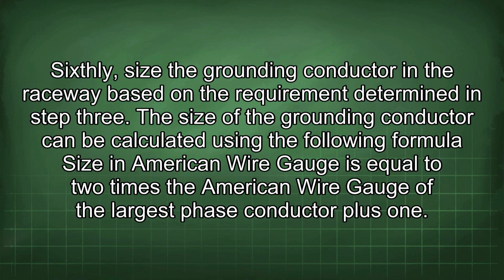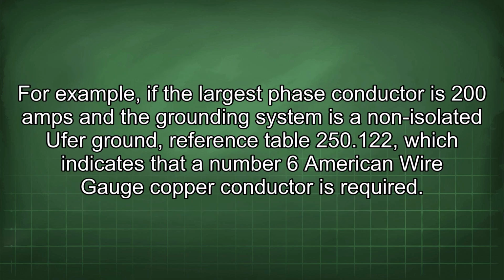The size of the grounding conductor can be calculated using the following formula: size in American wire gauge is equal to 2 times the American wire gauge of the largest phase conductor plus 1. For example, if the largest phase conductor is 200 amps and the grounding system is a non-isolated UFA ground, reference Table 250.122, which indicates that a number 6 American wire gauge copper conductor is required.